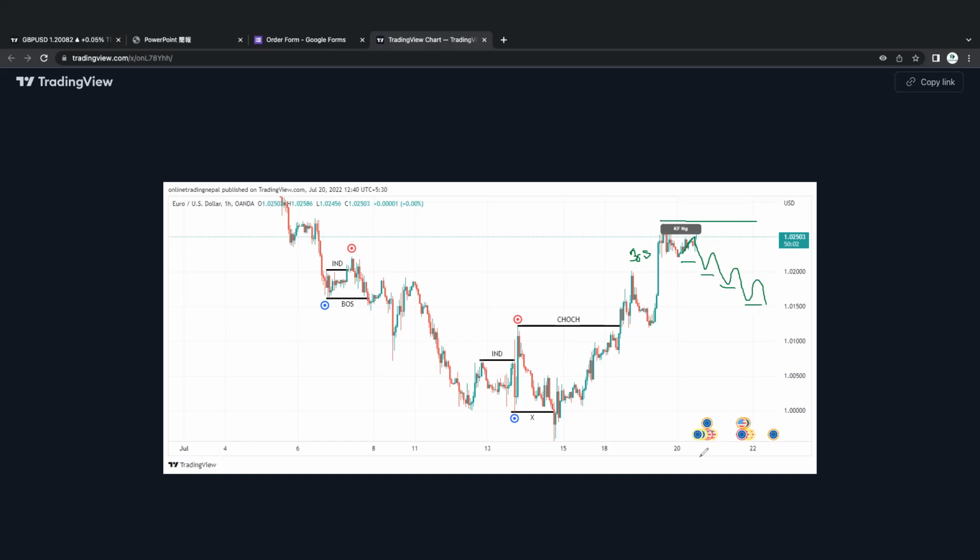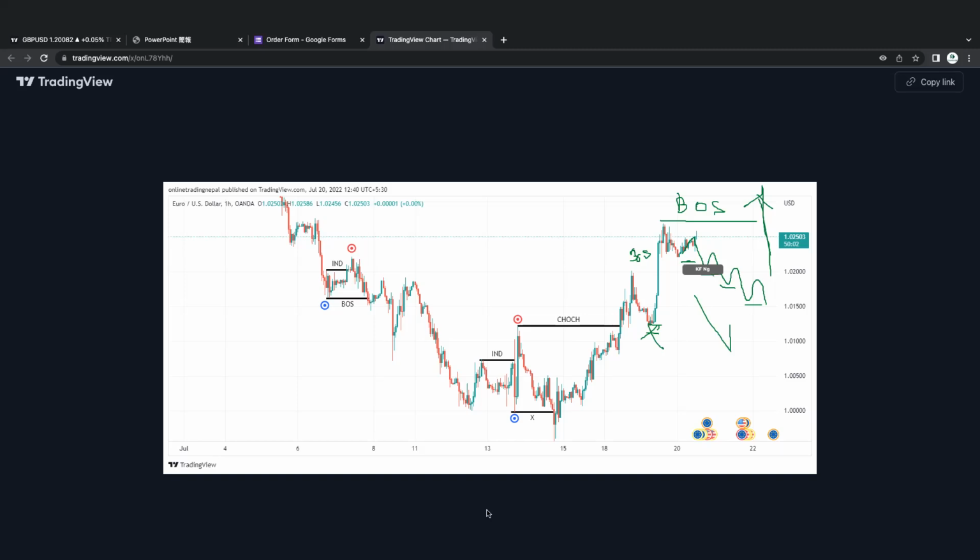If this one breaks, should this be considered a BOS? Or for the liquidity, we should take the liquidity grab from the left side, target and attack this one. Then we only consider it as a valid BOS.